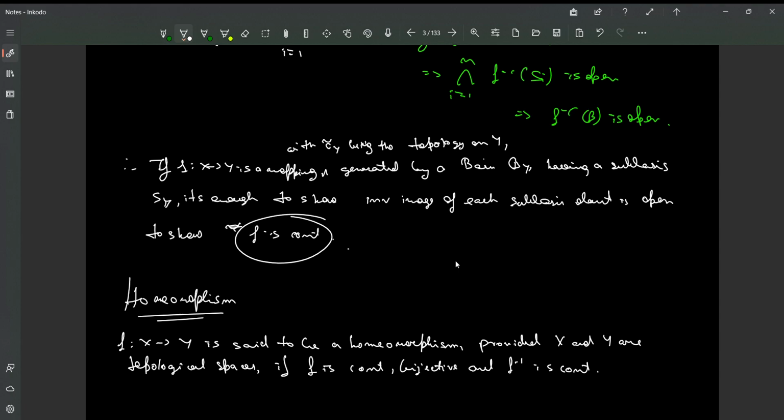In this case we say X and Y are homeomorphic.